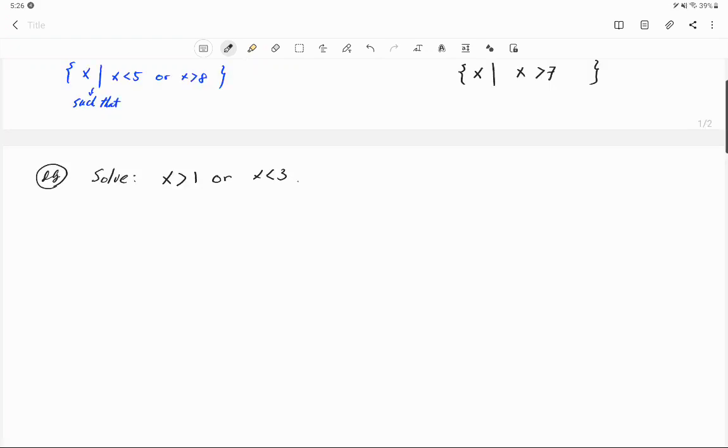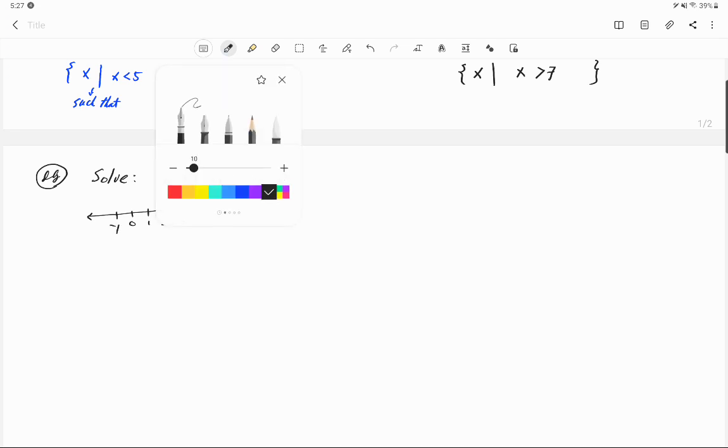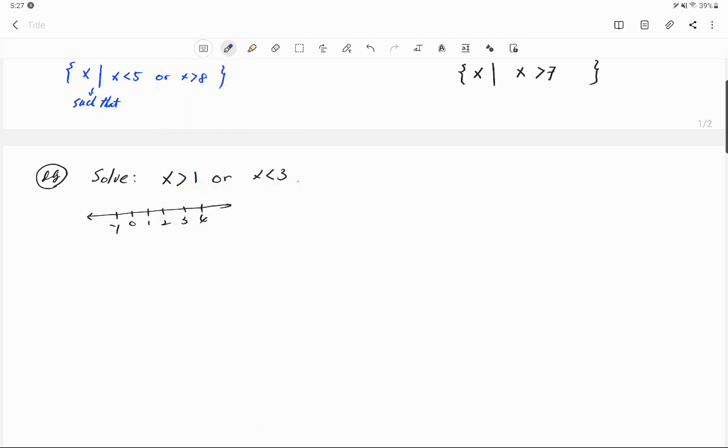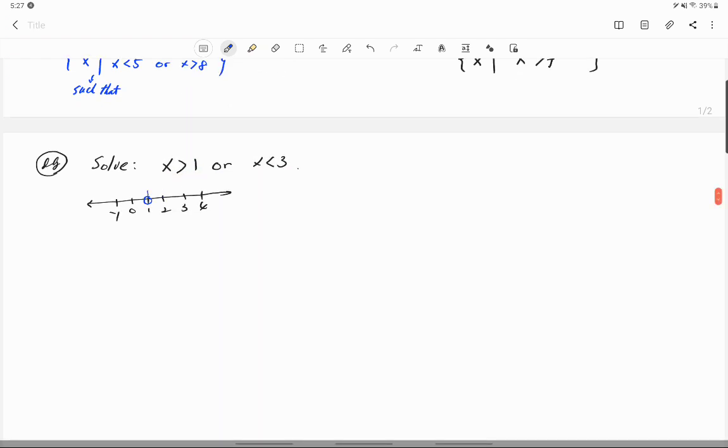All right, let's try this one. x is greater than 1 or x is less than 3. Or means put them together, put two regions, two intervals, together. Here is 0, 1, 2, 3, 4, negative 1, and so on. x is greater than 1, so here is 1, and go all the way to the right.